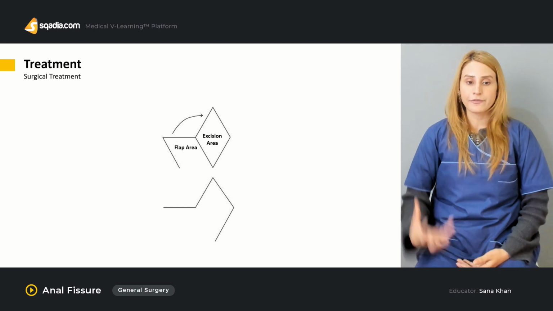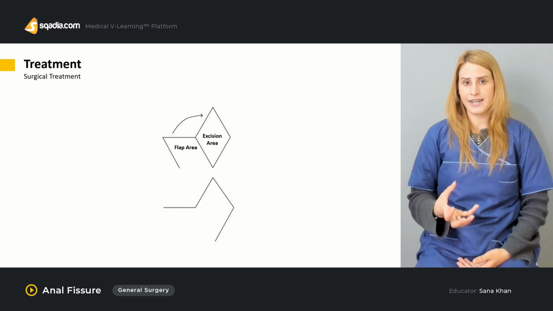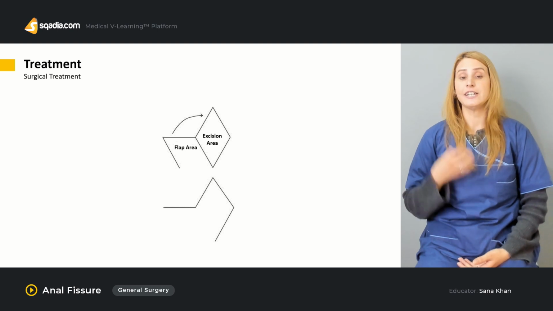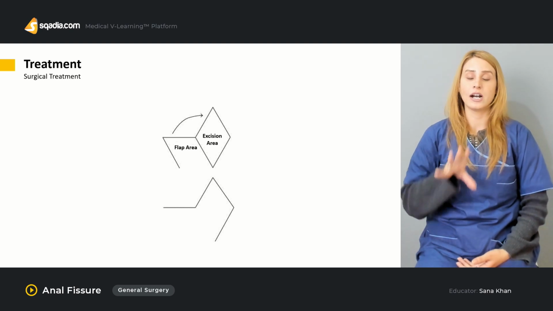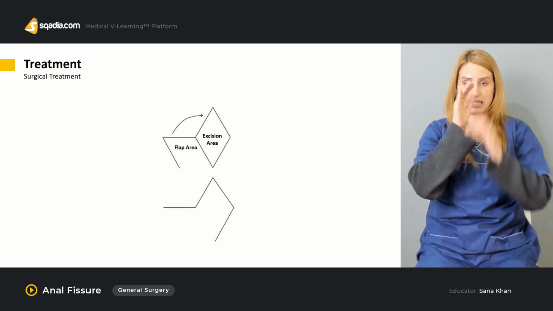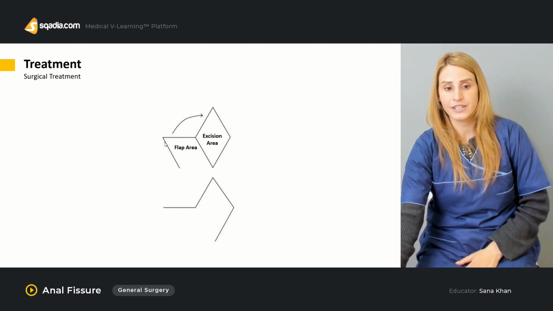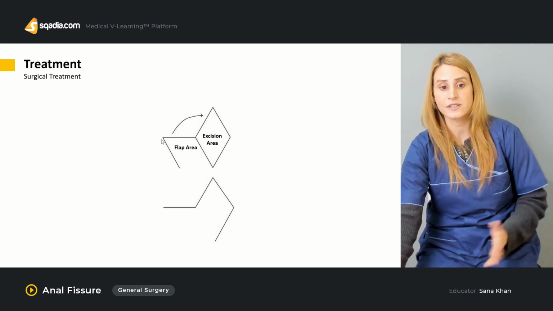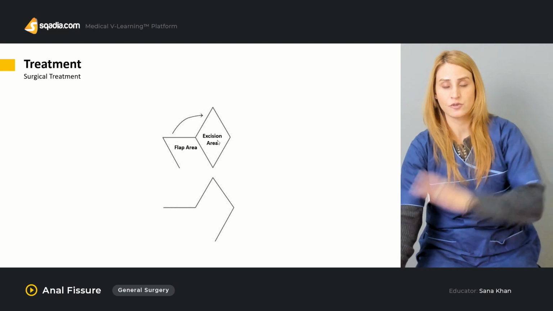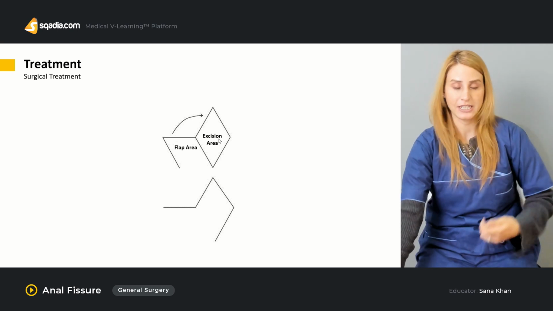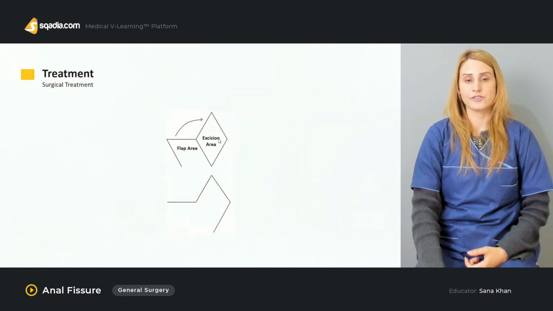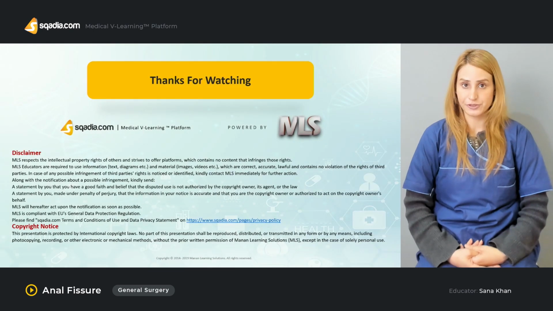It's difficult to understand by a diagrammatic representation, but still it will give you the idea that the excision was made in a diamond-shaped area, and this was the shape of the incision that was given. After the excision of this area, this flap was flipped 180 degrees, rotated all the way here, and sutured. That is also a surgical treatment that can be used.